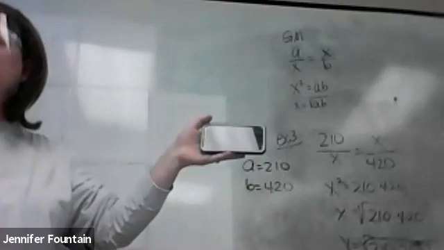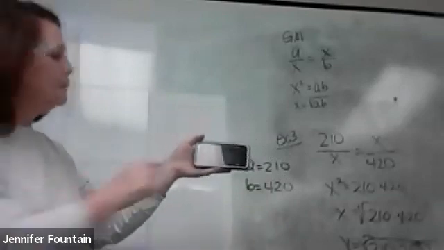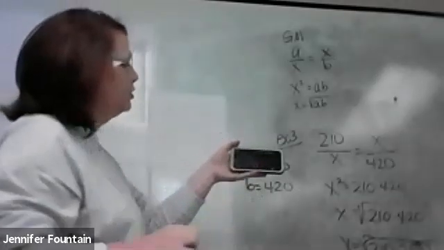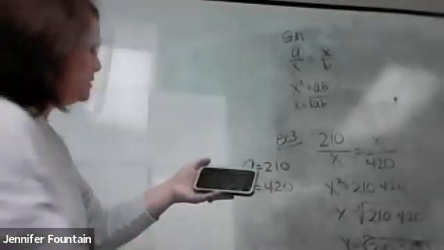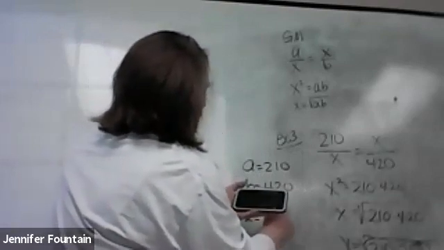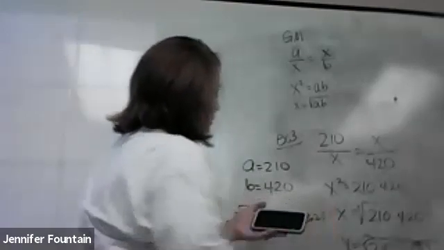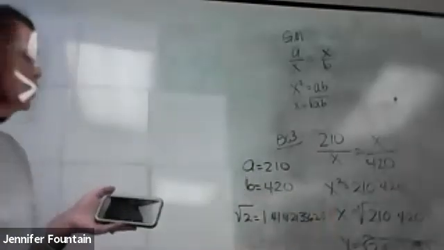If you turn it sideways, you should end up with a scientific calculator. Tap the square root symbol, 2 equals. Notice the square root of 2 is equal to 1.41421356624, something like that, okay?